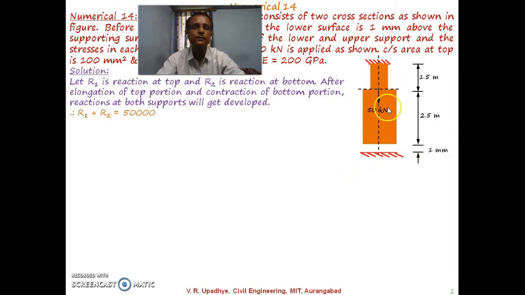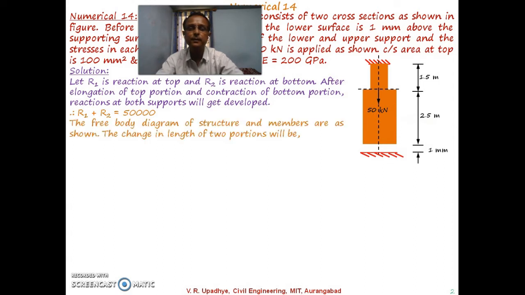Say if we have two reactions, R1 at top and R2 at bottom, then R1 plus R2 must be equal to the 50 kilonewton force applied, and the free body diagram of the structure and members are as shown in the figure.